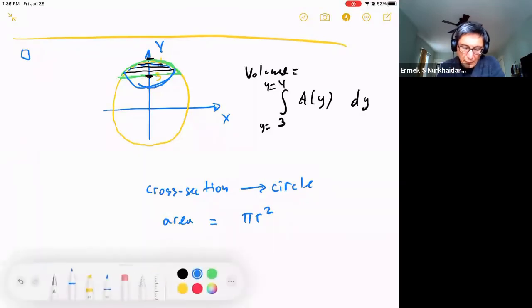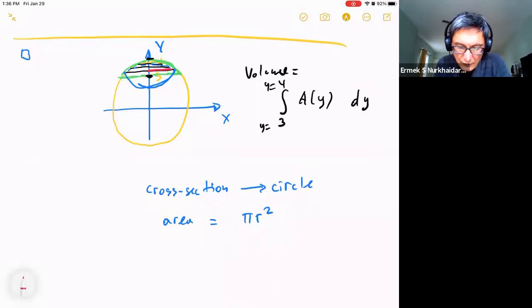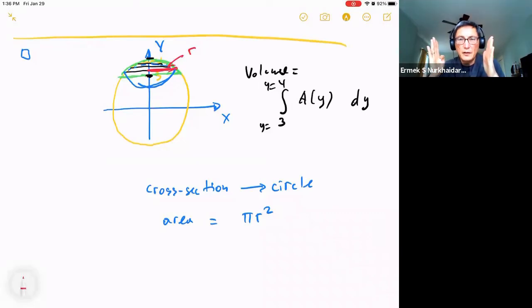And now again, if you look at this picture for the cross section, do you see that's the radius of the cross section? So it's r. And that is horizontal, and horizontal means the x coordinate of a point.